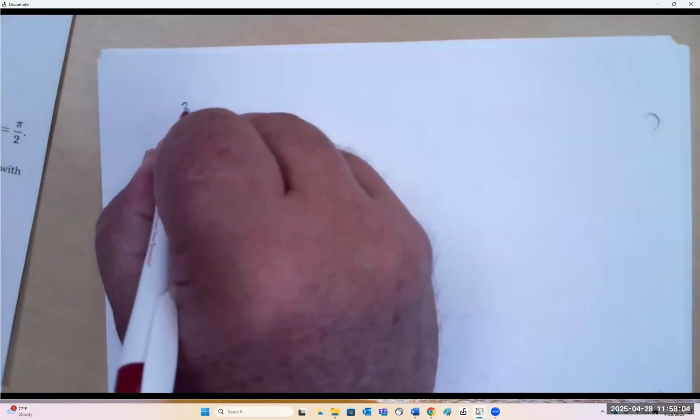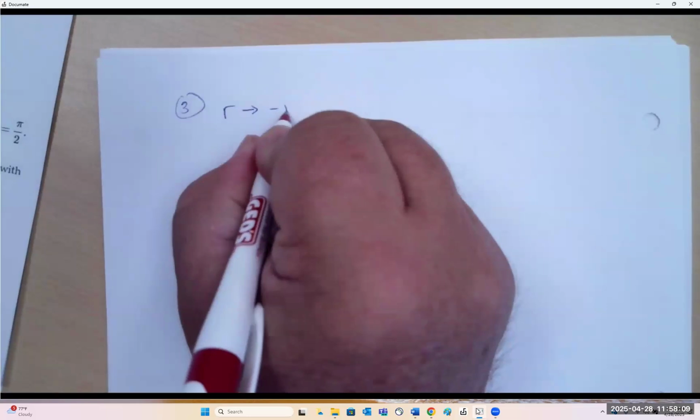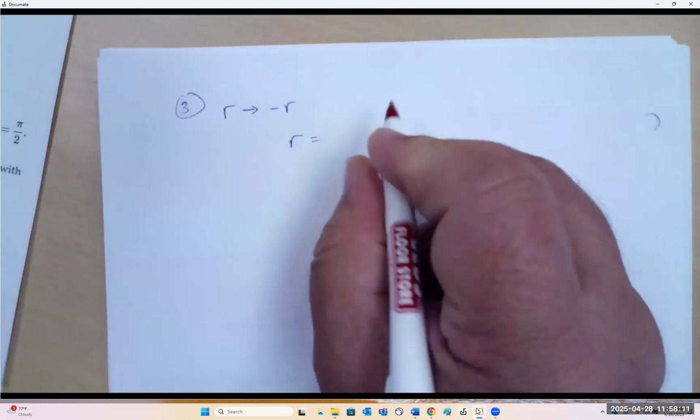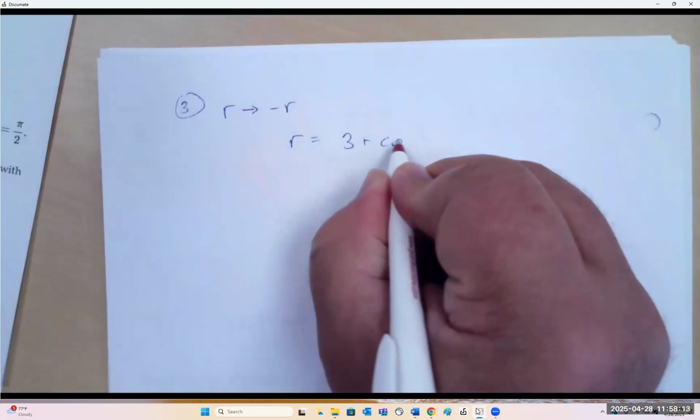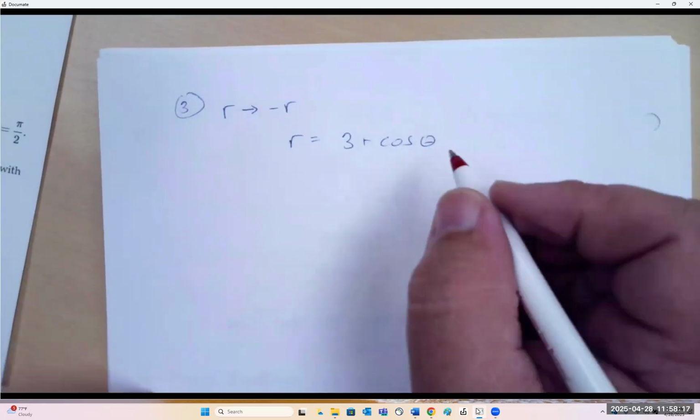And the last one is the pole test. So r equals 3 plus 2 cosine theta.